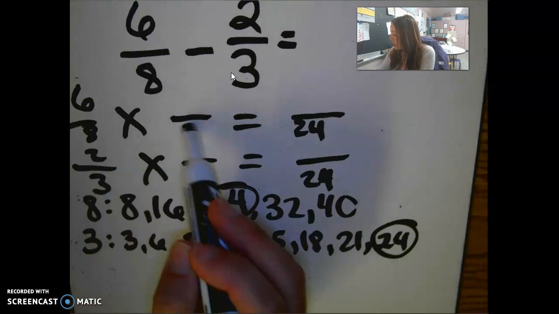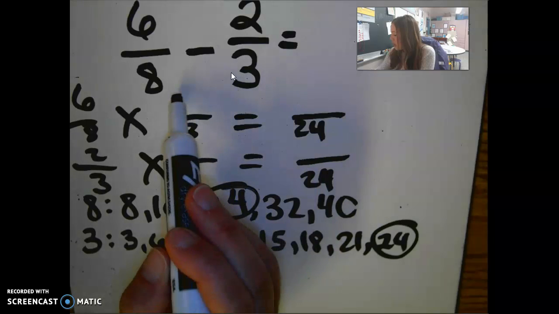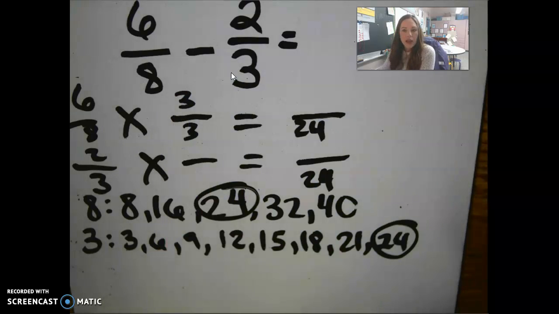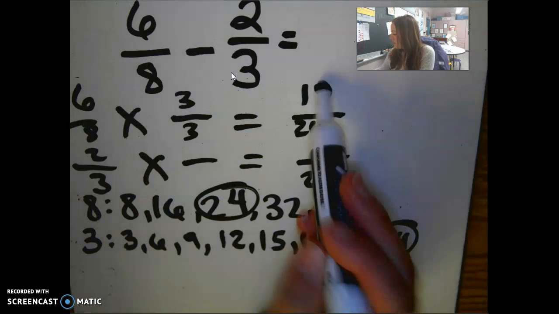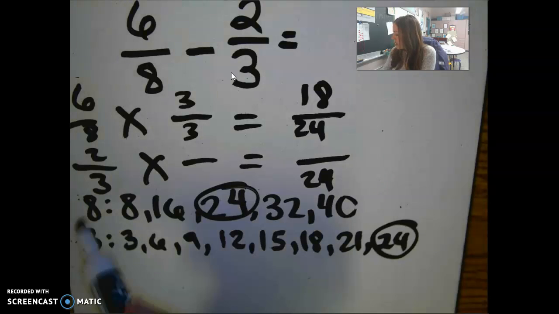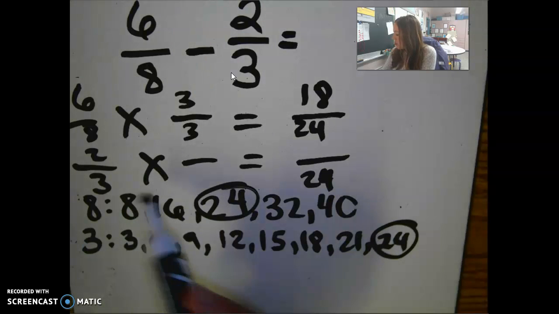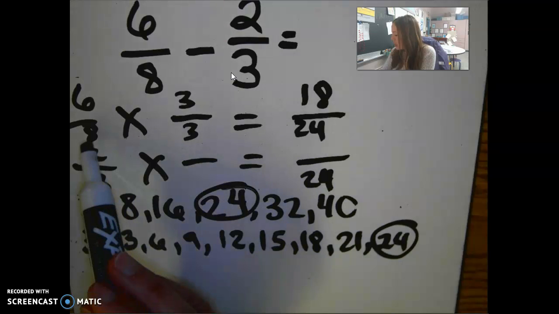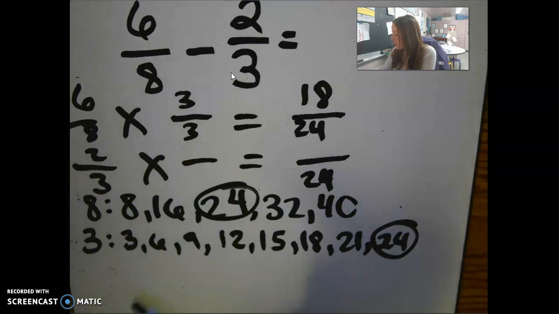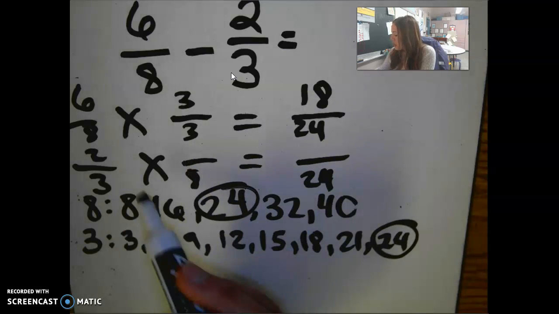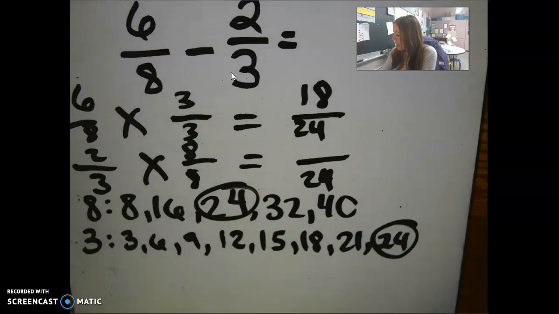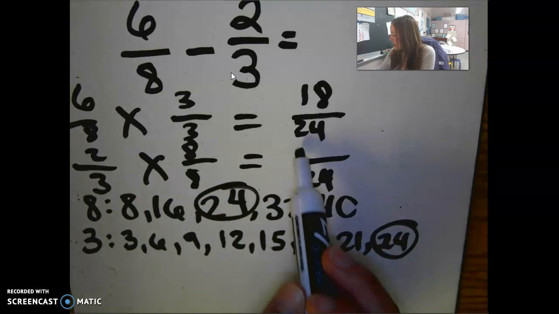So 8 times 3 is 24. And I know whatever I do to the bottom, I have to do to the top. So I'm going to multiply the 6 by 3. 6 times 3 equals 18. And then let's fill in the bottom fraction. Well, we already know that 8 times 3 is 24. And it doesn't matter the order that we put it in. 3 and 8 together is still going to be 24. So let's multiply our 2 by 8. 2 times 8 is 16.